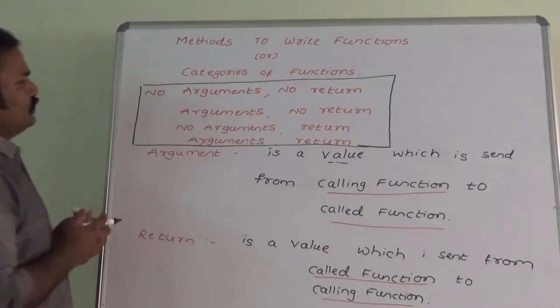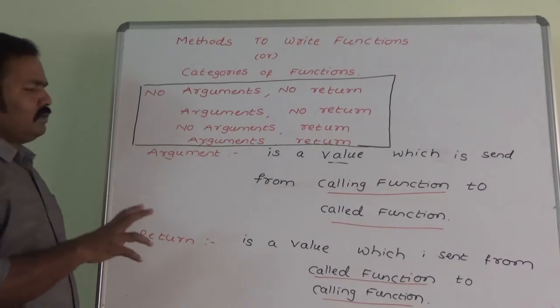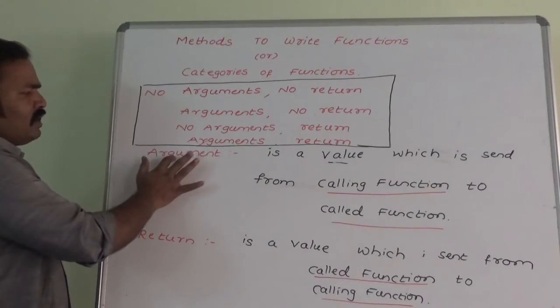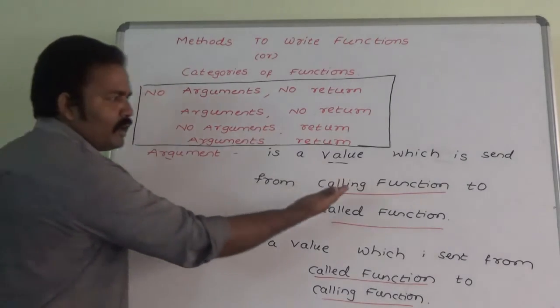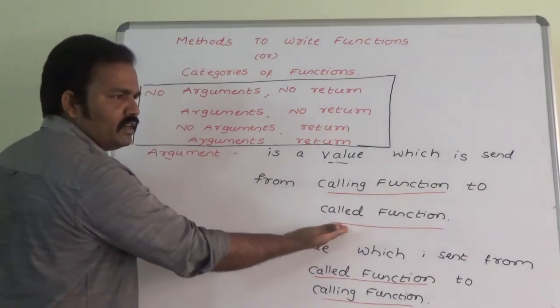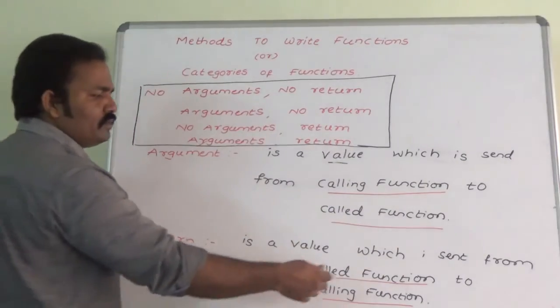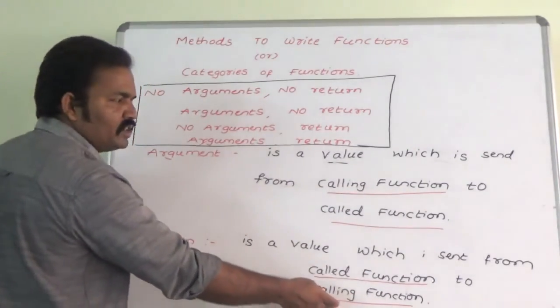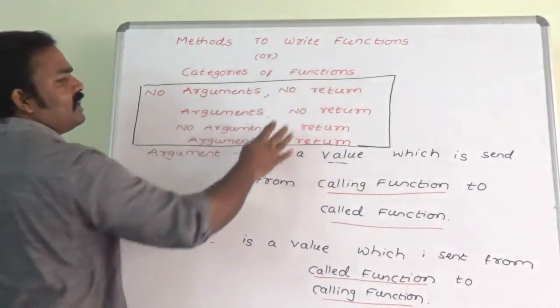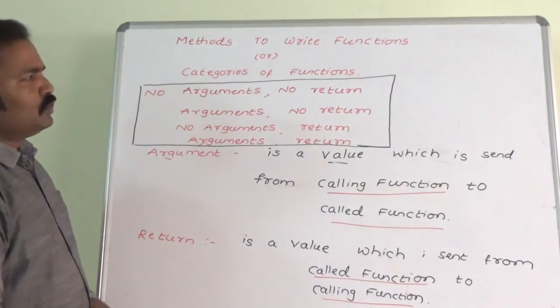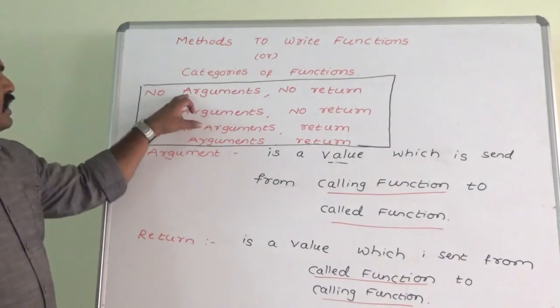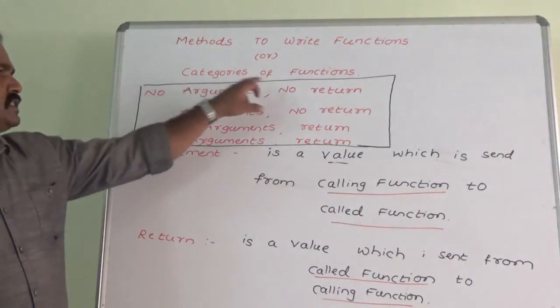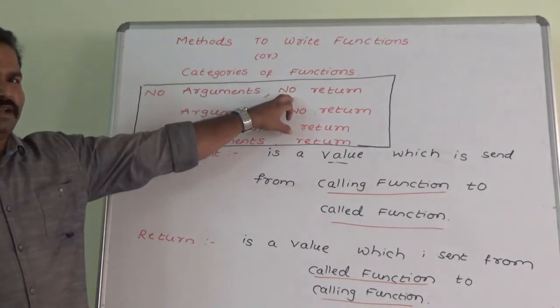Okay, so here I am repeating once again. Based on passing arguments from calling function to called function and returning value from called function to calling function, functions are categorized into four types. First one, function with no arguments and no return value.